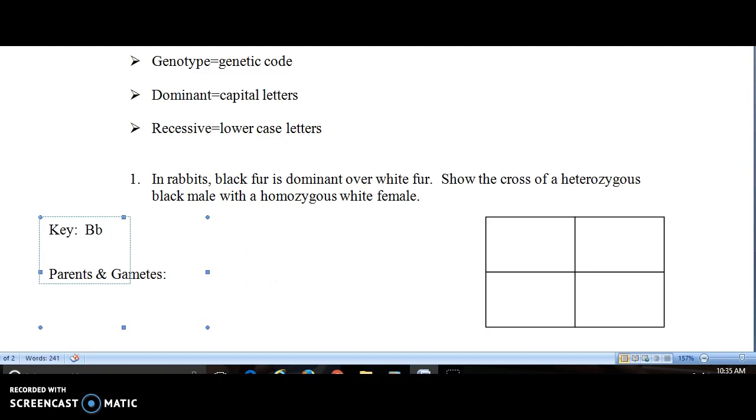So going back here, this was the male, and the female, let's make this a little bit bigger. The female is going to be lowercase b, lowercase b. It's kind of going off my screen here.